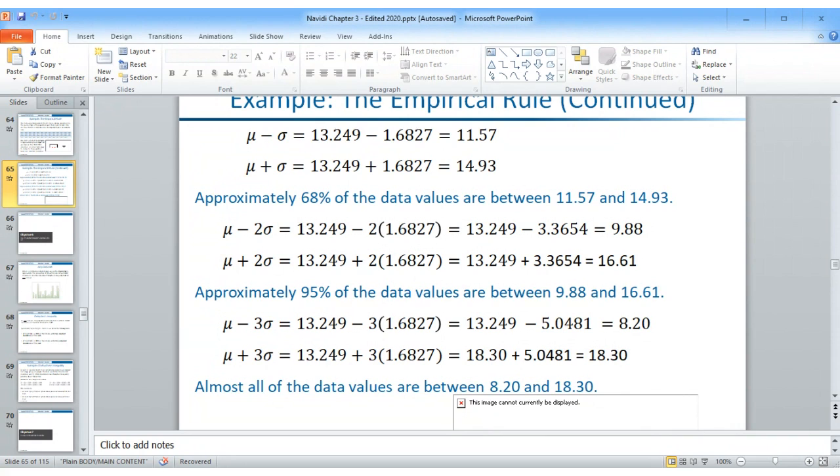The extreme values pull the mean in that direction. So remember the example where the person won the lottery, that extreme value pulled the mean in the positive or the right direction, to the right in the upper side.